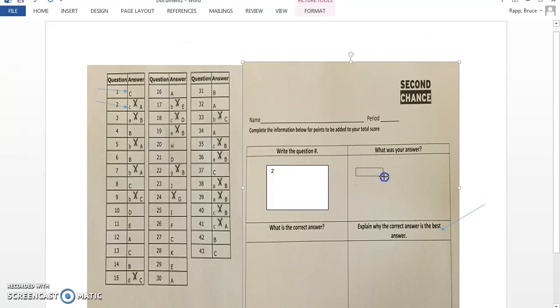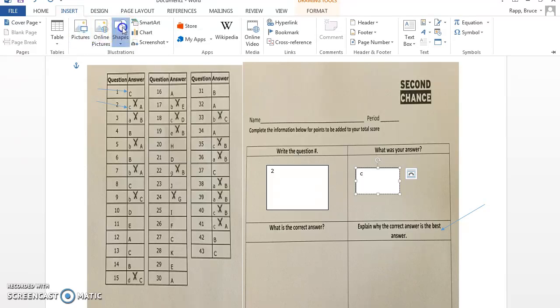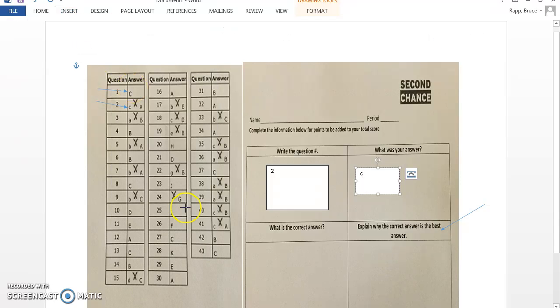The answer for this student on the test was C. The correct answer should have been B. So I put B. As you can see, those all went very, very quickly. Number 2, letter C, correct answer was B. I do not need to write out the actual question for it. All I need to do is put the number.